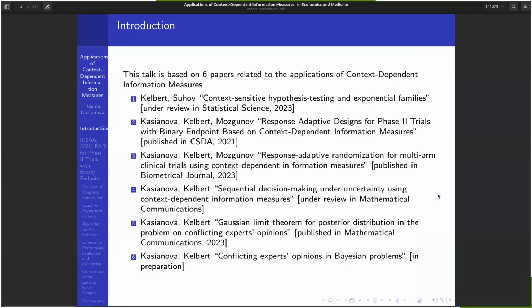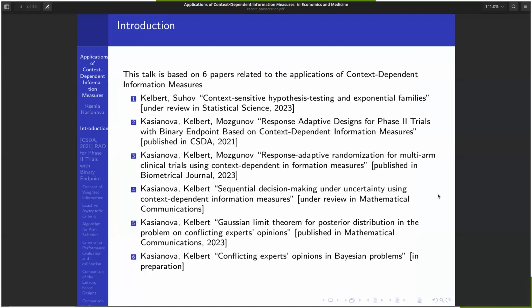Based on this idea, and actually in the Bayesian context, we have already been working on 6 different papers. The first one is the paper by Mark Elbert and Yuri Sukhov, context-sensitive hypothesis testing in exponential families.